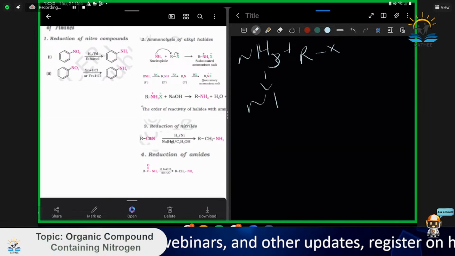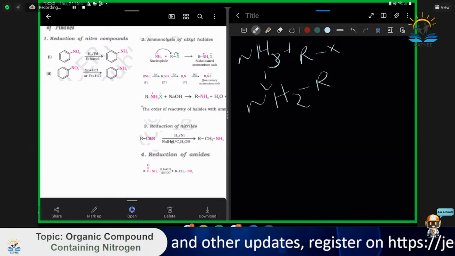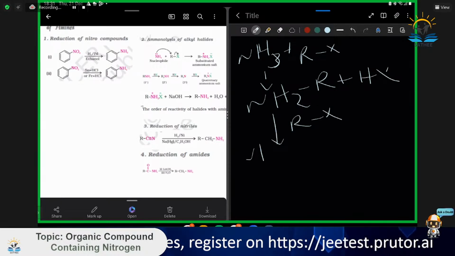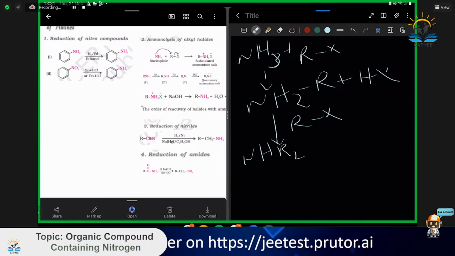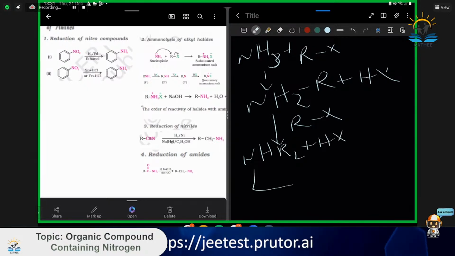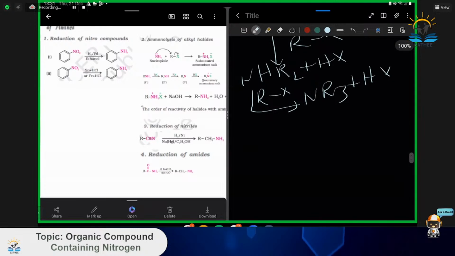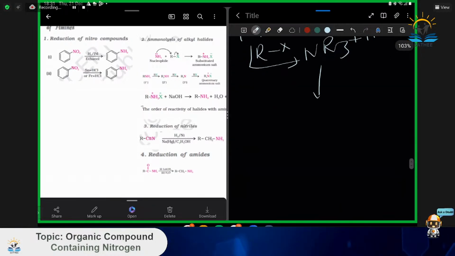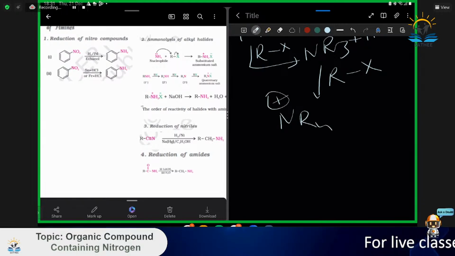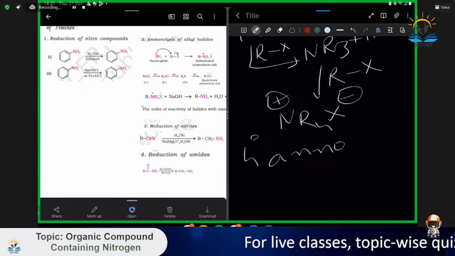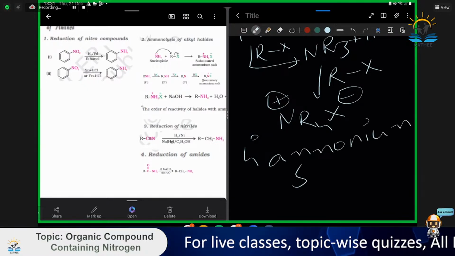NH3 plus RX gives NH2R plus HX, another RX gives NHR2 plus HX, another RX gives NR3 plus HX, and another RX gives NR4 plus X minus. This is your quaternary ammonium salt.